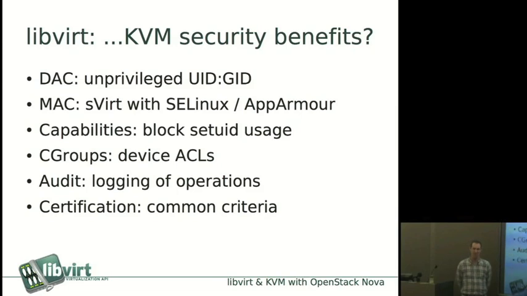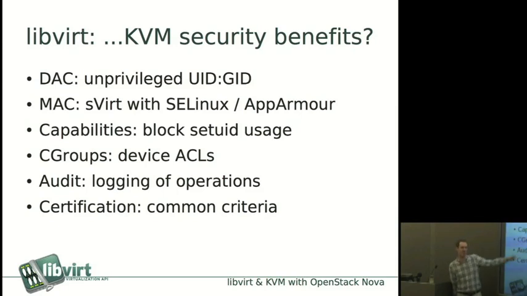Cgroups are typically thought of as a resource control mechanism, but they also have a simple security mechanism for controlling device access. You can set up whitelists of which block devices and which character devices you want a process to use. So we enable that by default for all QEMU virtual machines, so that you can only access block devices that were explicitly assigned to that virtual machine.